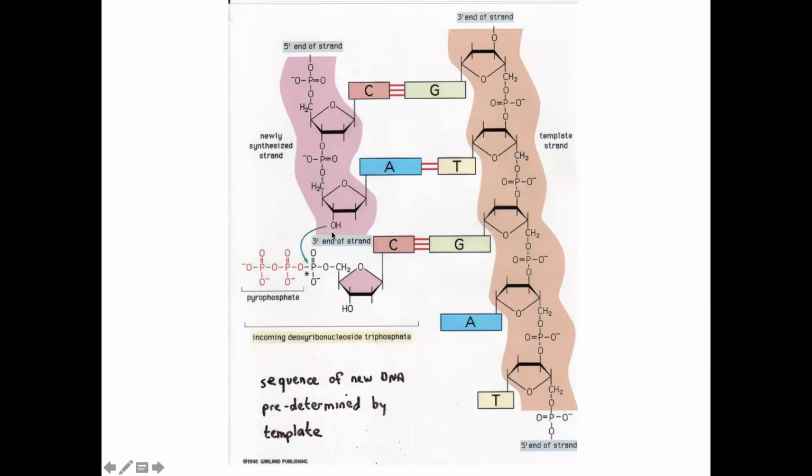So that's why they have to be in the triphosphate form, to release that energy that then leads to the type of bond formation you see in a DNA molecule, 3' to 5' phosphodiester bonds.